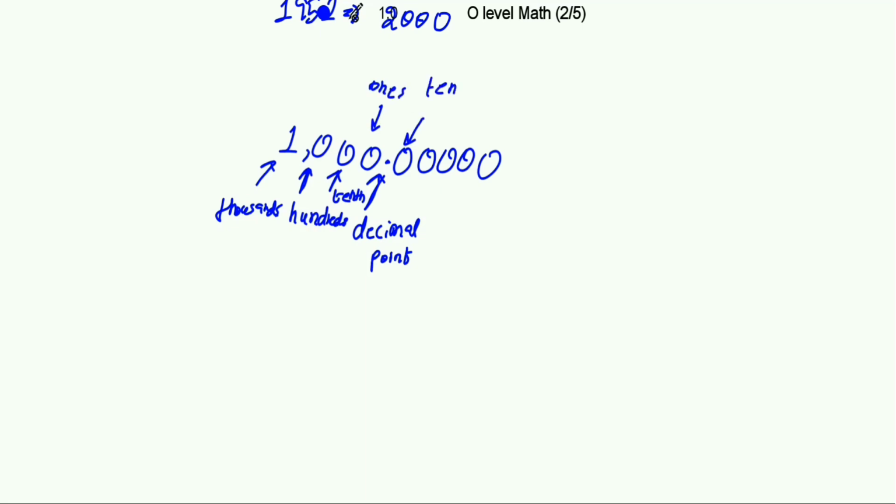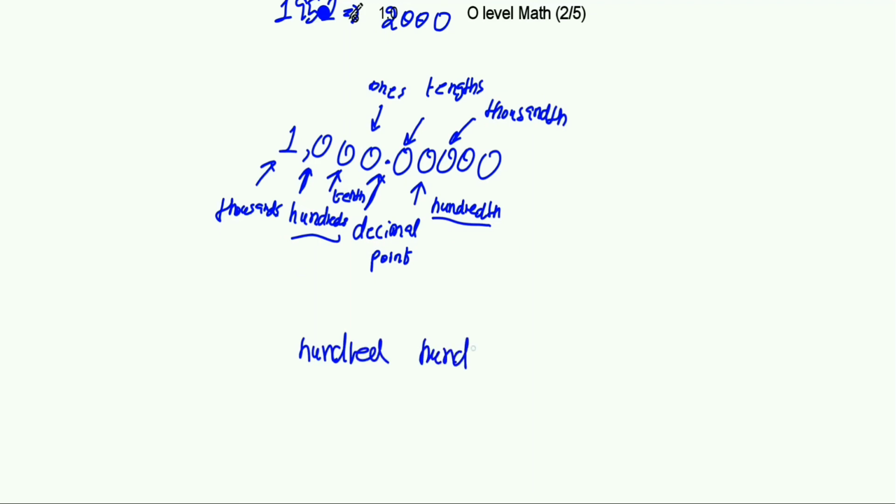This is tenths, this is hundredths, this is thousandths. Okay, see the difference? There's 100 and there's hundredth. That's the difference. So we can do the rounding from thousands to thousandths.